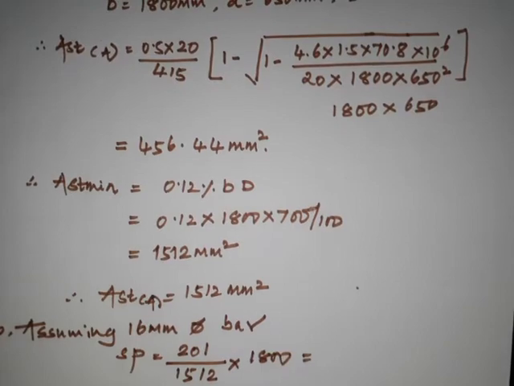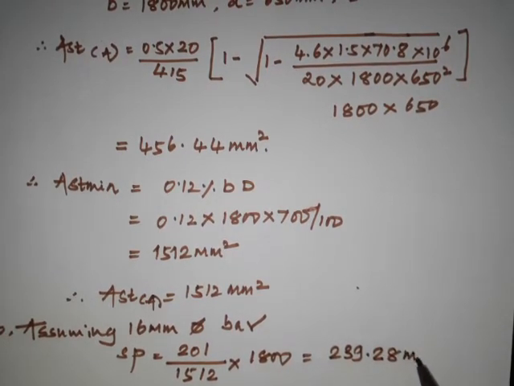So we check out here 201 divided by 1512 into 1800. Okay, so we'll get this as 239.28 mm.